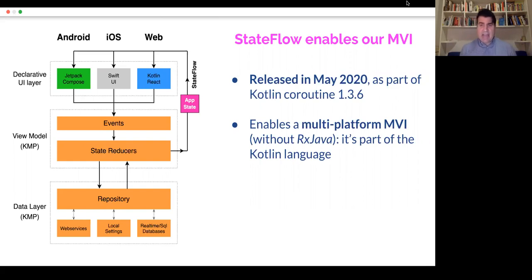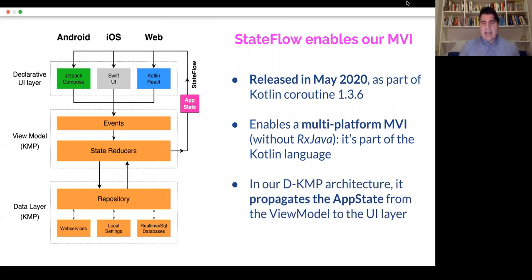As we say, it enables a multi-platform MVI without RxJava because it's actually part of Kotlin. So it works wherever Kotlin works, which is basically everywhere at the moment. It propagates the app state from the view model to the UI layer.